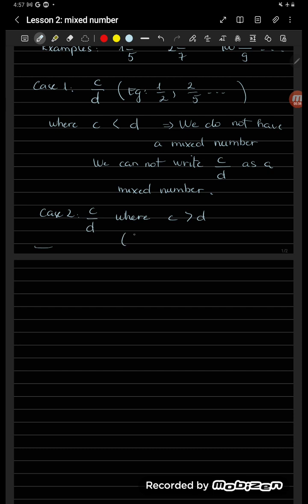Let's take examples: 3 over 2, 5 over 3, 6 over 5, 11 over 8, 100 over 8, and so on. In this case the numerator is greater than the denominator, so we can write the fraction c over d as a mixed number.